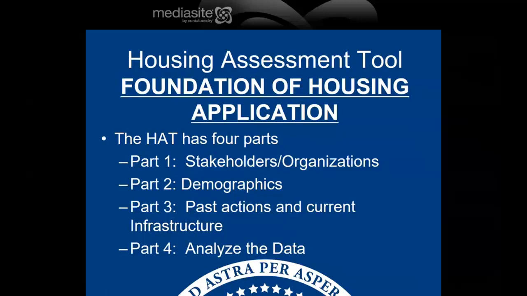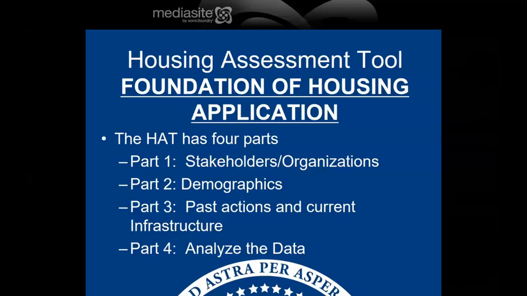We have created a housing assessment tool between the partners that we have in Kansas. It's developed so that if you're a small city and do not have money or resources to hire a consultant to come in and do a housing assessment of your community, this allows you as a small community or a larger community, if you just want to do your own, to do your own assessment of your housing.